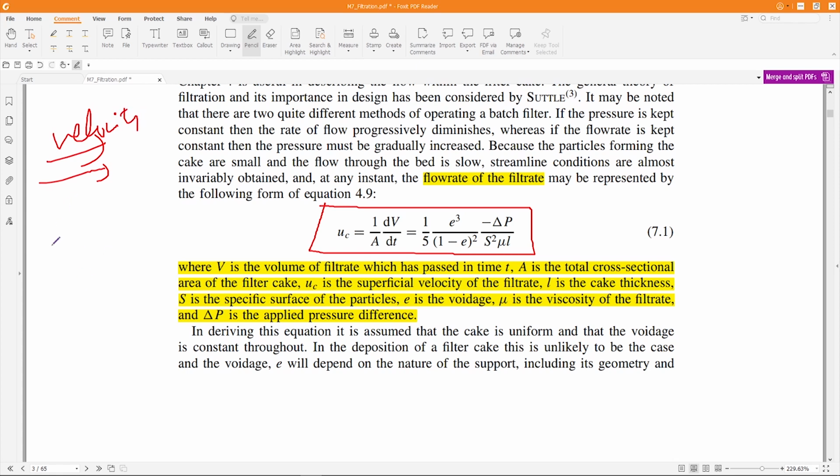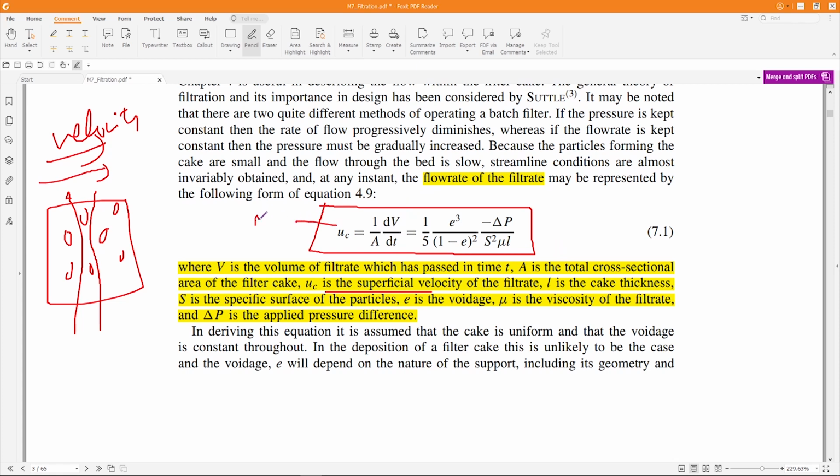But if this same fluid is flowing through solid particles, so you have a suspension of solid particles and the fluid is flowing through this, then this is called superficial velocity. The superficial velocity is nothing but the flow rate of the filtrate divided by the area.